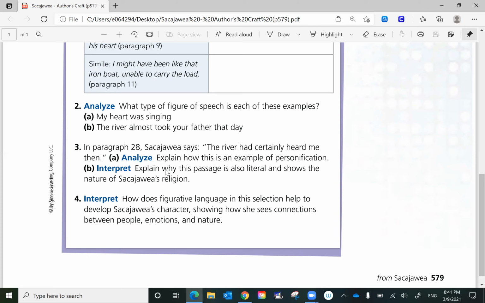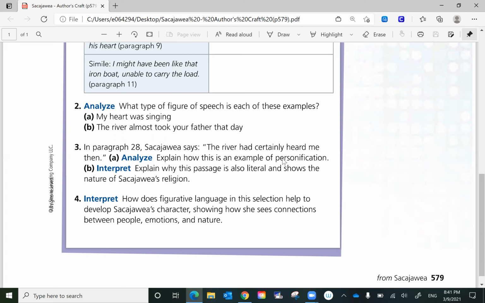Number 3, in paragraph 28, Sacajawea says, the river had certainly heard me then. All right. So here's your two questions that go with that paragraph. We have an analyze. Explain how this is an example of personification. So basically this question, how it's worded, it's telling you that it's personification.